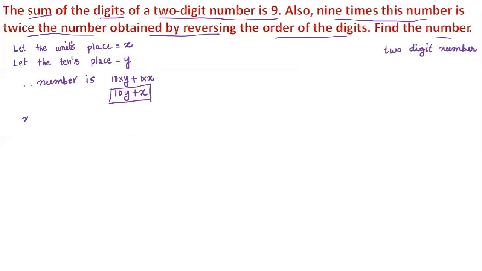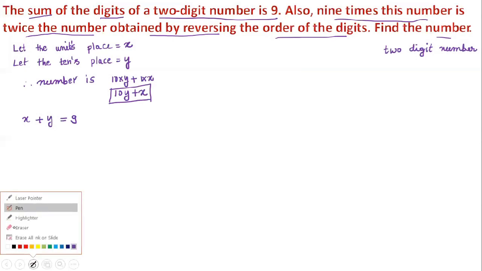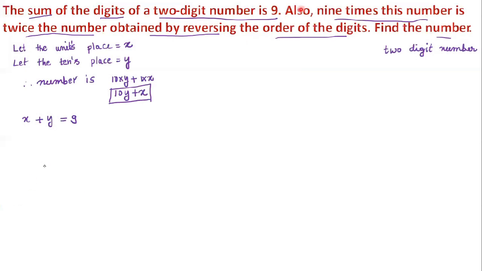Now look at the statement. Sum of the digits. Digits are x and y. So x plus y is equal to 9. This is one equation. And 9 times of the number. 9 times of the number, that is 9 into 10y plus x is equal to twice, 2 into number obtained by reversing the digits.